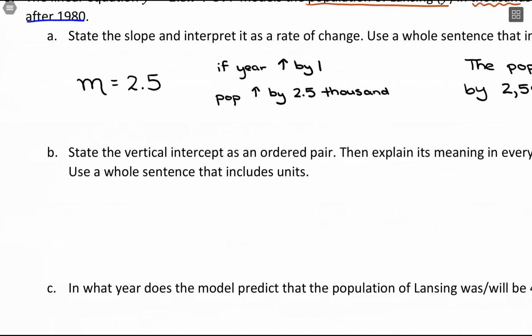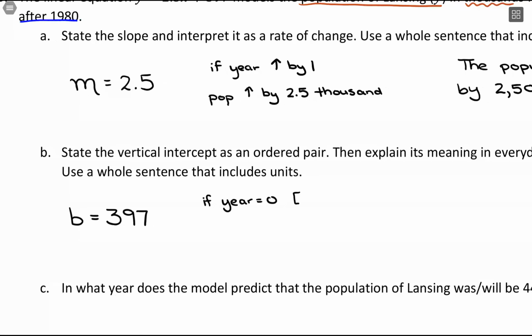All right, the intercept. That's b, which is 397. So this is what happens when x is equal to 0. So if year equals 0, which year 0 is the idea of 1980, so I'm just going to make a note that that's really telling us it's 1980, then population is equal to 397,000.